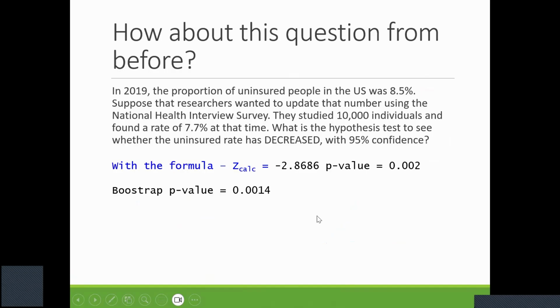So if you work this out by hand, you will get the zcalc equals 0.077 minus 0.085 all over the square root of 0.085 times 1 minus 0.085 over 10,000, okay, which gets you this calculated z of negative 2.86.